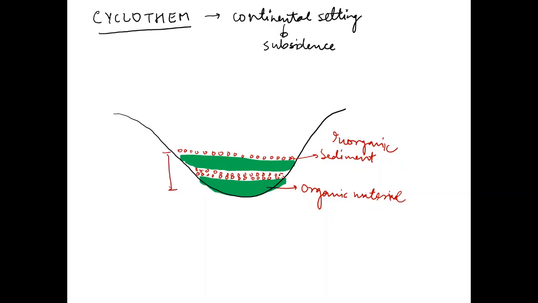So this alternating sequence of sediment and plant material is referred to as cyclothem.